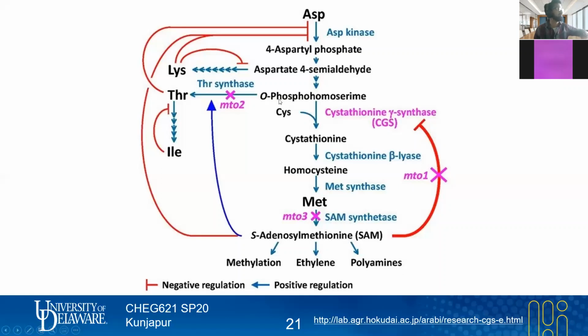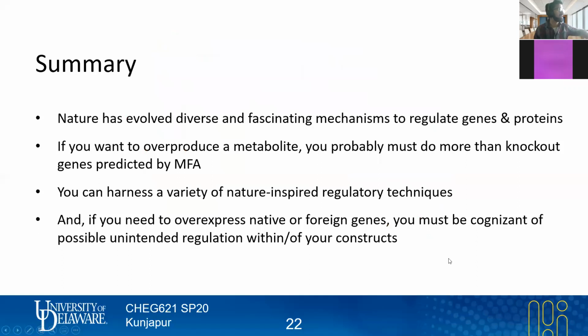The details of this particular pathway are not super familiar to me, but in your homework you'll see a little bit more on E. coli's biosynthesis of methionine and SAM, which I've looked into before.